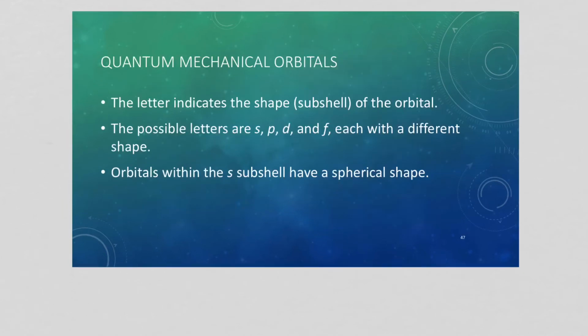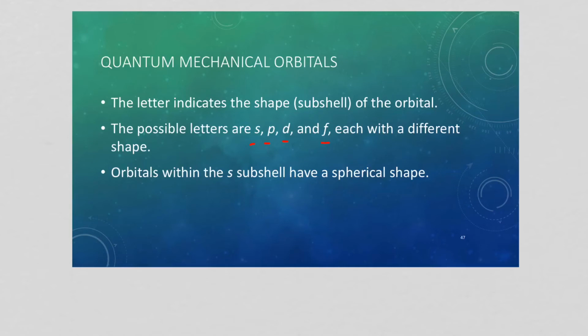Now, the letter indicates the shape, or what's sometimes called the subshell of the orbital. So the possible letters that we'll see are S, P, D, and F. And each one of these indicates an orbital of a particular type of shape.